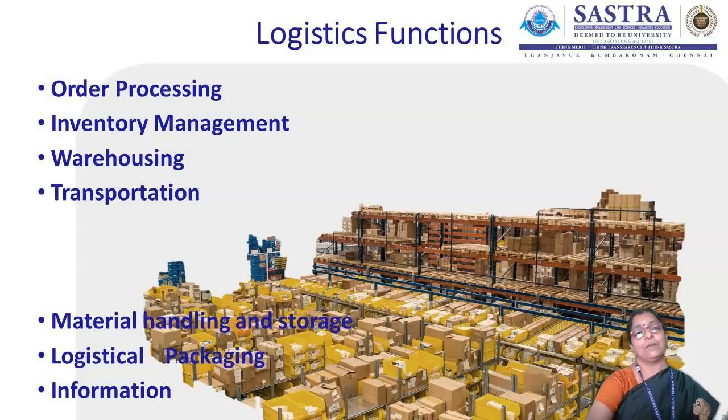So the task of integrating these various arms of logistics to provide a comprehensive service under a single window is what we normally call a logistics solution or logistics strategy.